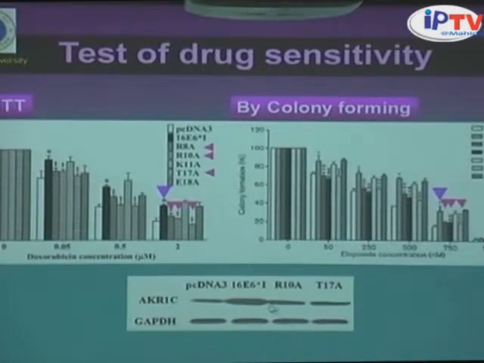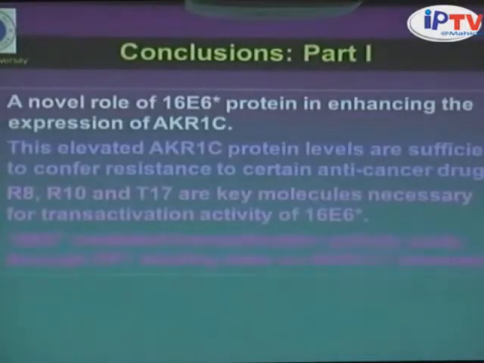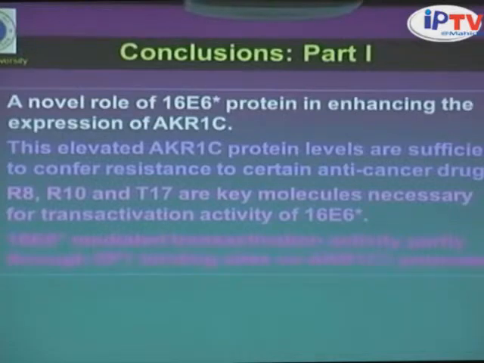Okay, so when we look at the protein in this mutant, again we see that the enzymes drop as well. So for the conclusion of this part, we can say that a new role of E6 protein in enhancing the expression of the enzyme aldoketoreductase is found.